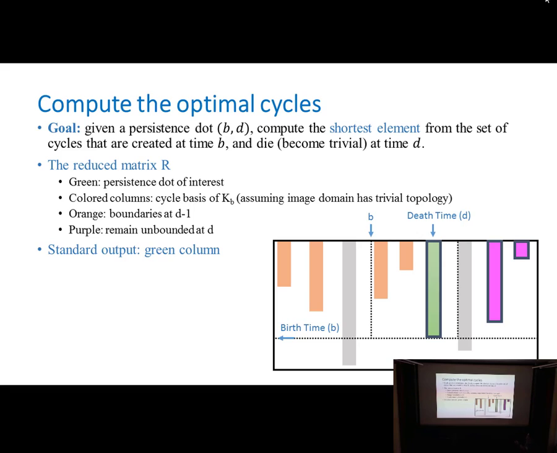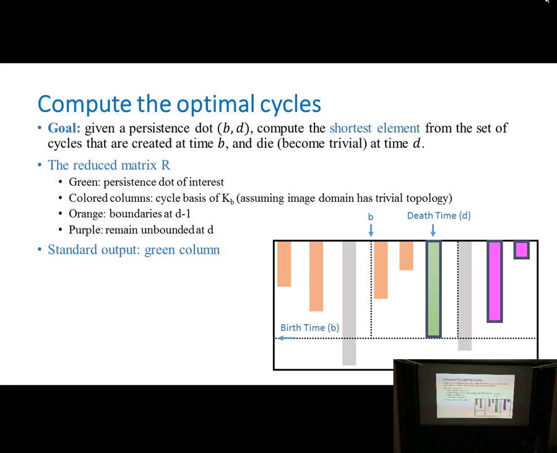In the fully reduced matrix R, this matrix is not unique, but each column has a lowest non-zero entry, which corresponds to the birth time of a persistent dot, and then the column index itself gives you the death time, right? So basically, each of these columns gives you one dot, and their lowest entries are unique.